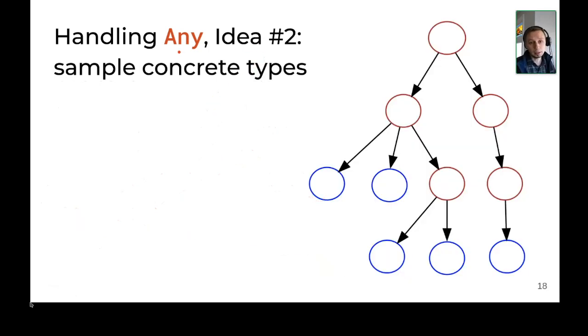The second idea to handle Any comes from the observation that we were trying to go from top to bottom, and we should rather start from the bottom, start from leaf types, and not go anywhere. In that case, we just don't run into this issue of going into loops.